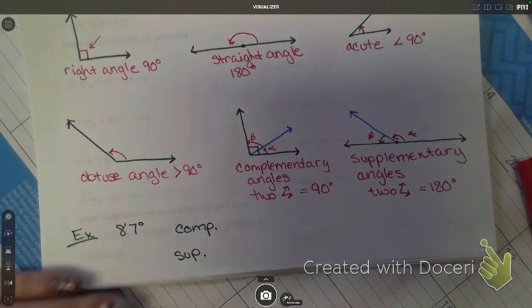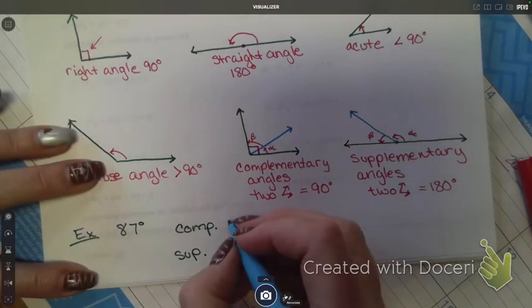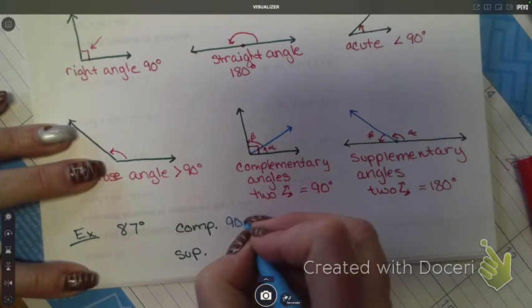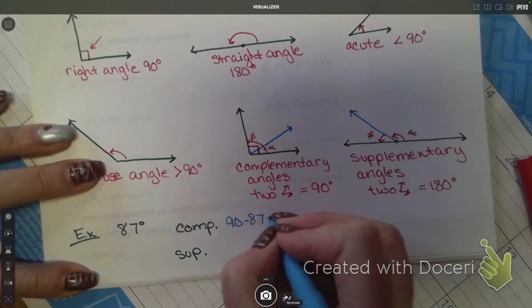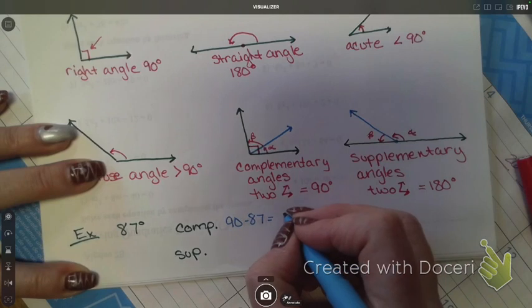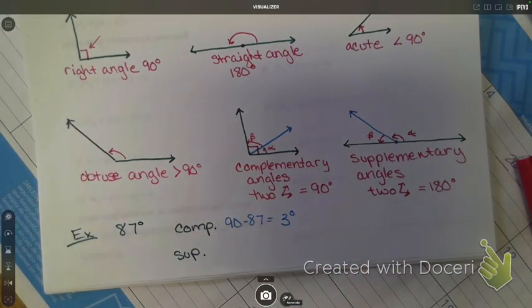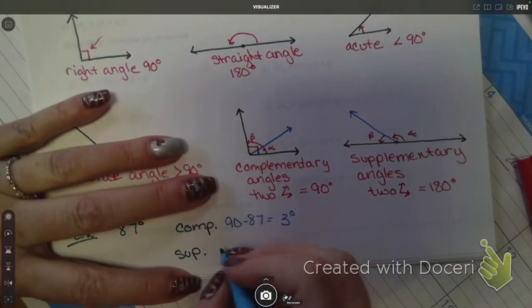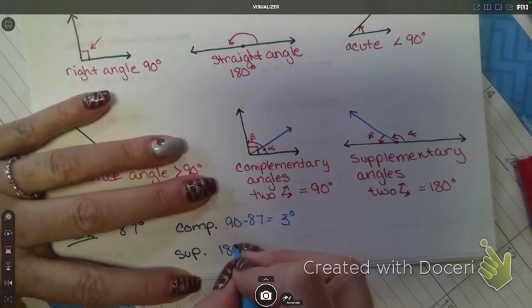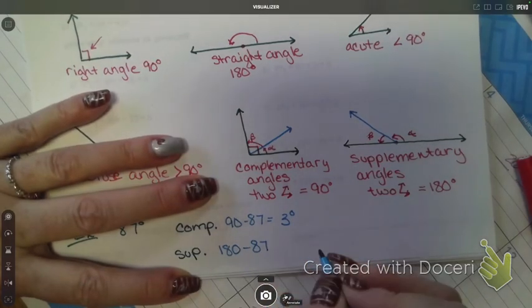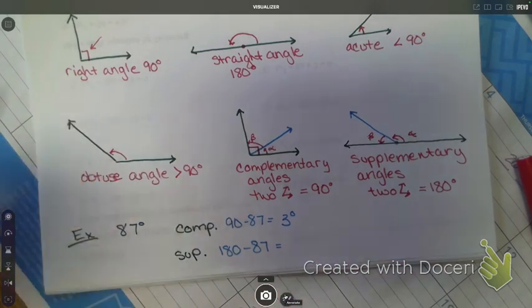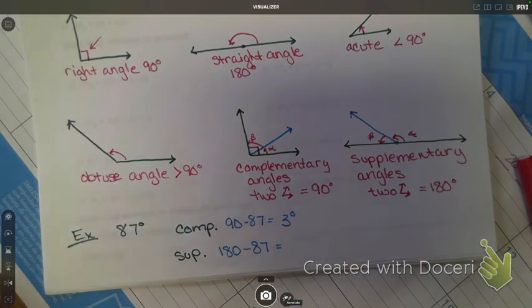You guys know I'm big on showing work, so you got to give me 90 minus 87, so the complementary is 3 degrees. And how would I find supplementary? 180 minus 87. So if I round that, 93.